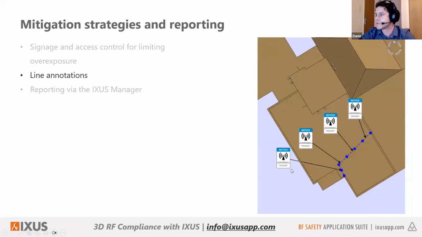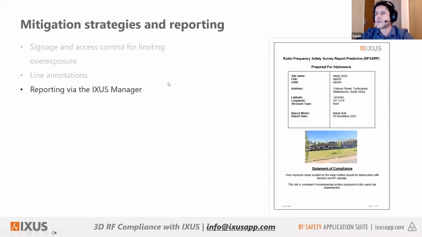And then if we look at the top-down view, it's nice and visible. Whereas with a railing, it's not necessarily going to be that visible. So once we've established this, we can essentially go on to adding pictures and then doing a report using the IXUS manager.